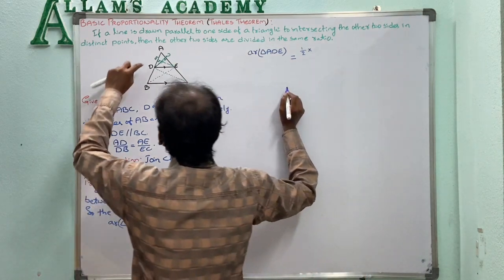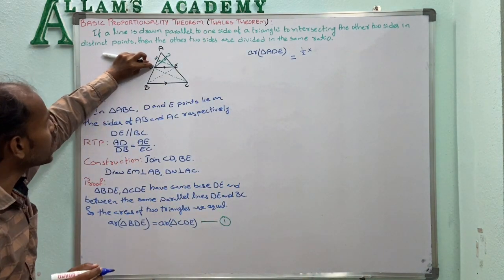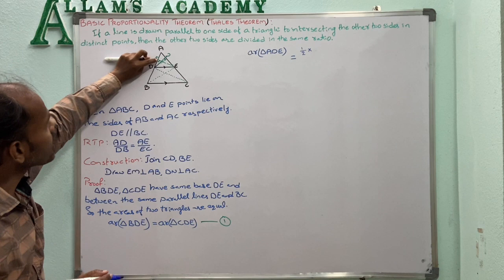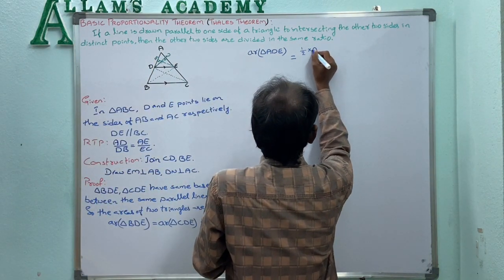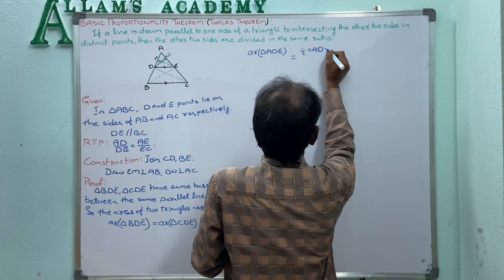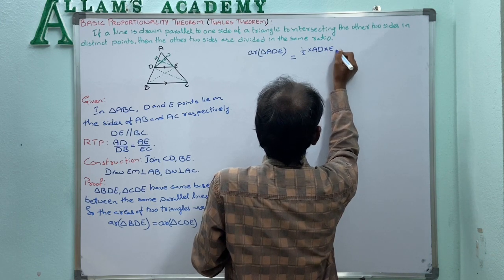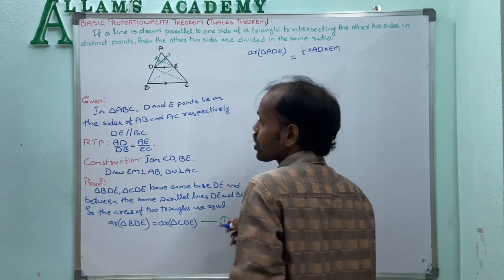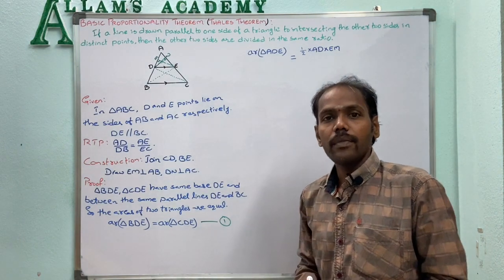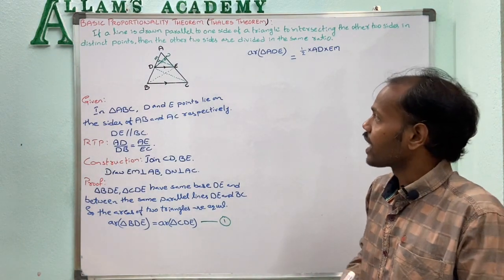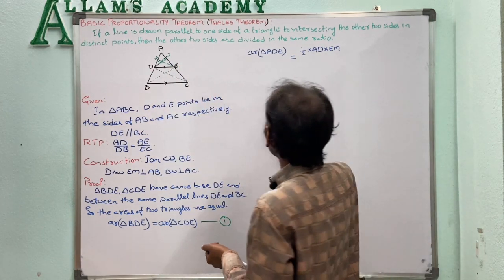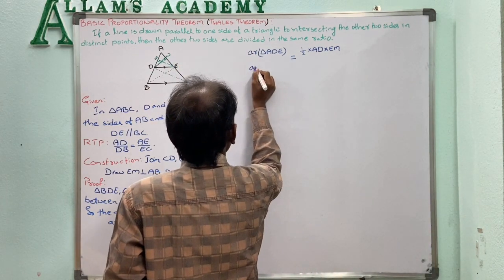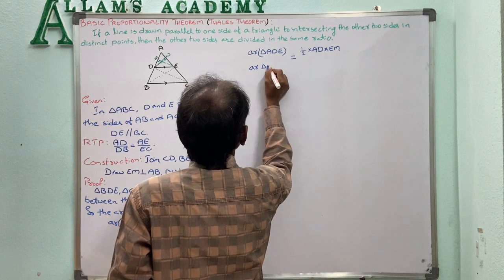If I take the base as AD, then the height is nothing but EM. So half into AD into EM. Next I take the area of triangle BDE.